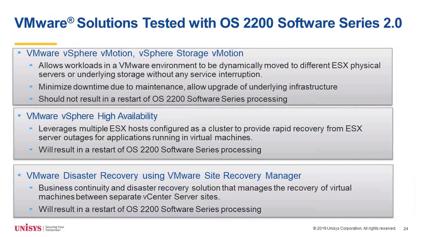It also allows us to move and grow between the various components of an OS 2200 software series. With vMotion and vSphere storage vMotion, we can even support the OS 2200 without a system stop.